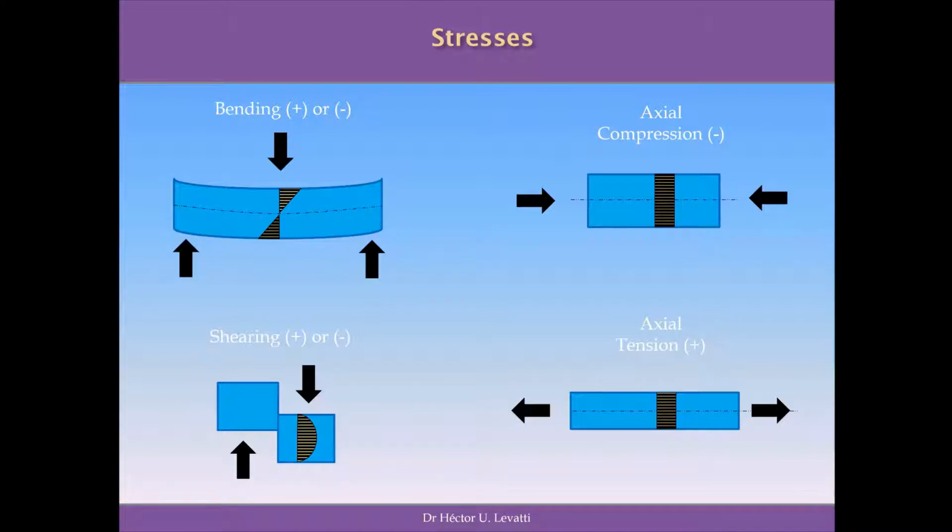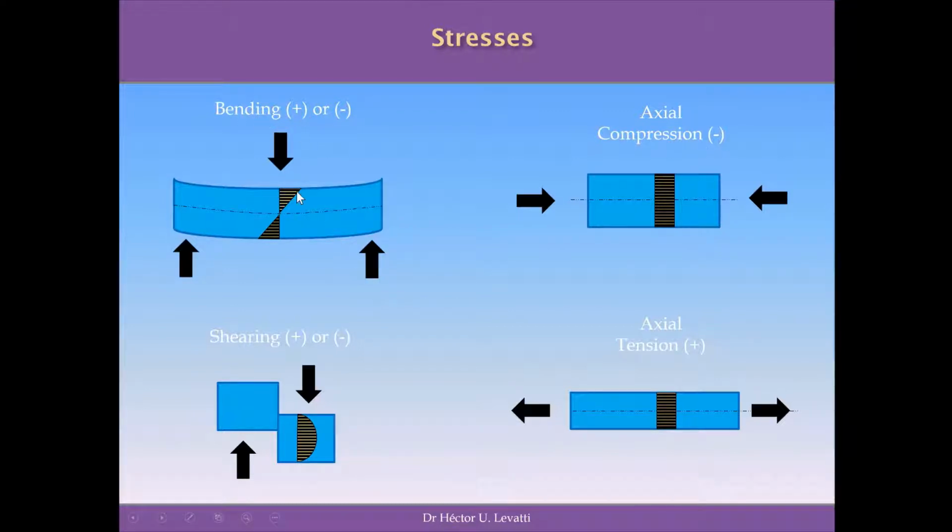But as an introduction, let's remember that we have basically two types of stresses in the analysis of structures. We have the direct stresses, which are stresses which are normal to the cross sections.